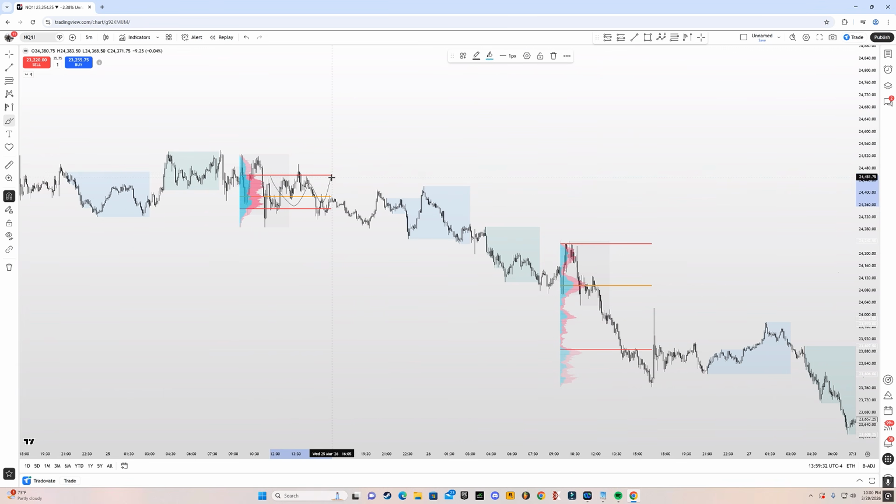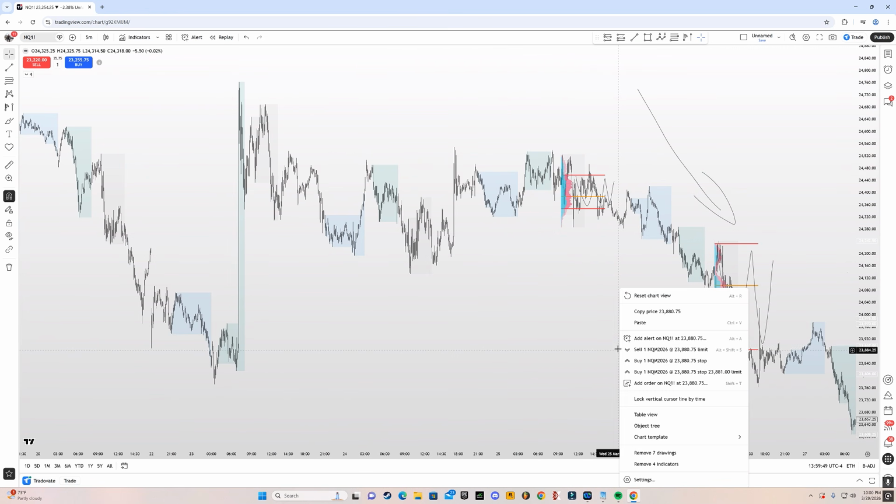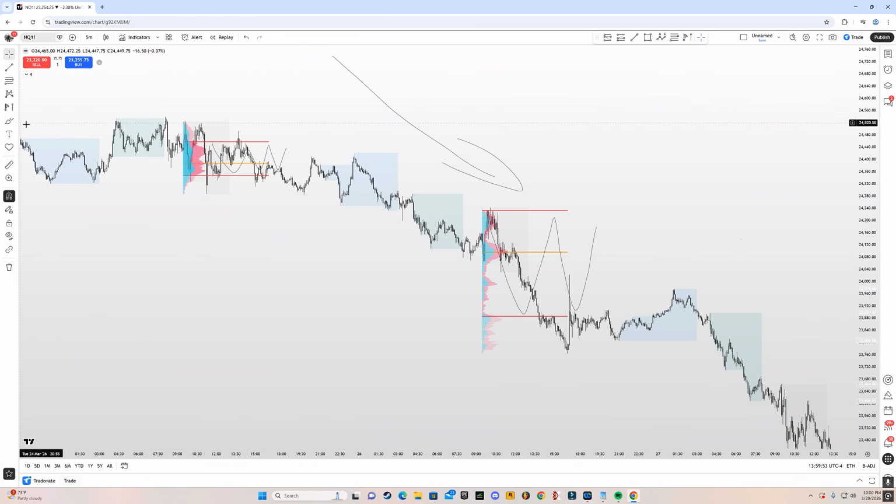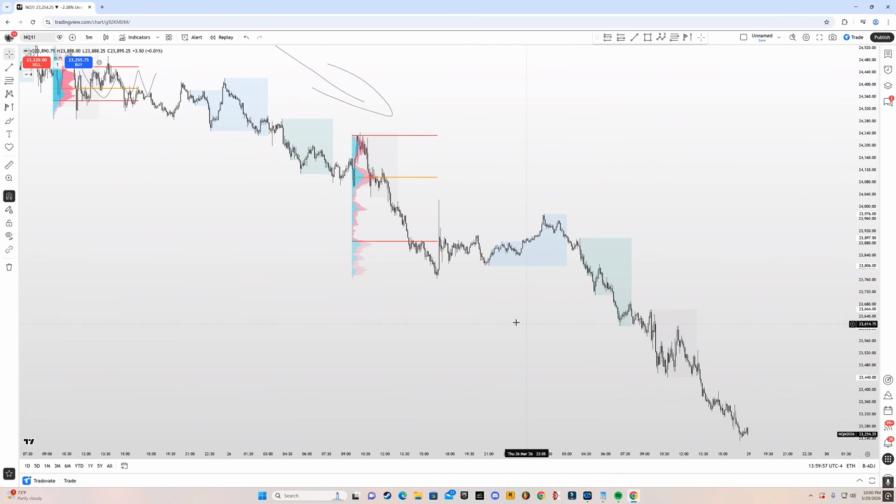That is the balance, right? Now, the balance on this day was lower than the balance of this day. That means the order flow is to the downside, and we might be reaching a potential area to the downside. So this is giving you a directional bias for this day.